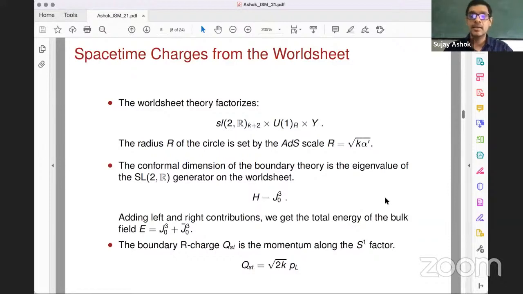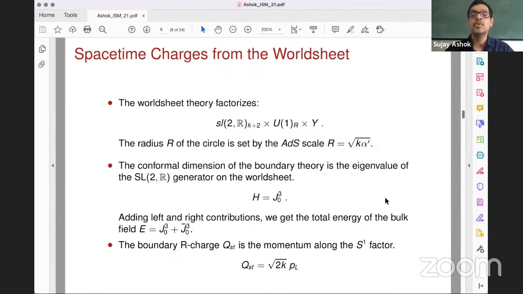Okay, so let's give some details about the worldsheet theory. The worldsheet theory, like I said, is an SL(2,R) at level k times a U(1) current algebra times this superconformal theory with (2,2) on Y. The radius of the circle is set by the AdS scale. What we first need to do is to understand how to describe these chiral ring elements from the worldsheet point of view. We have these boundary conformal dimension and boundary spacetime R charges.